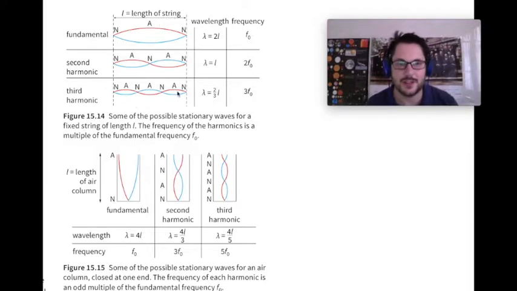So we can say that 3/2 wavelengths is equal to L, times by 2 divided by 3. So we get 2/3 L is equal to 1 wavelength.